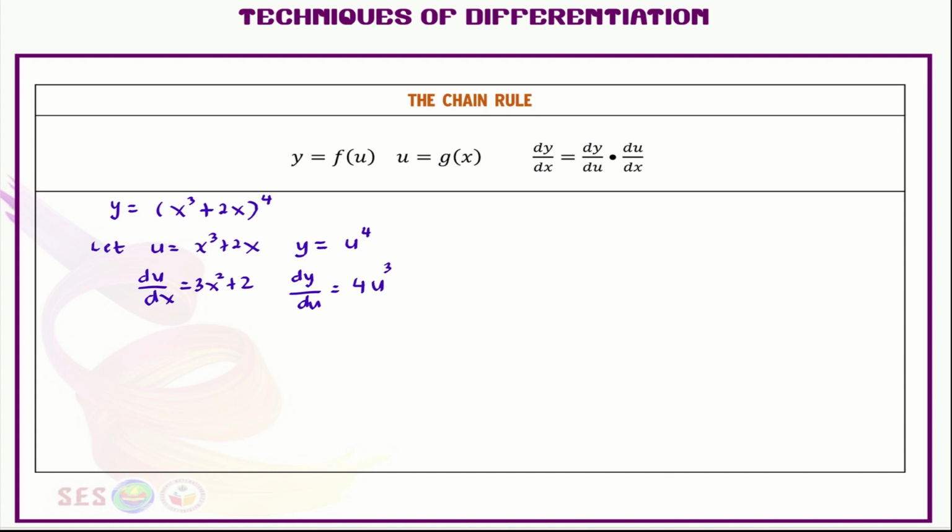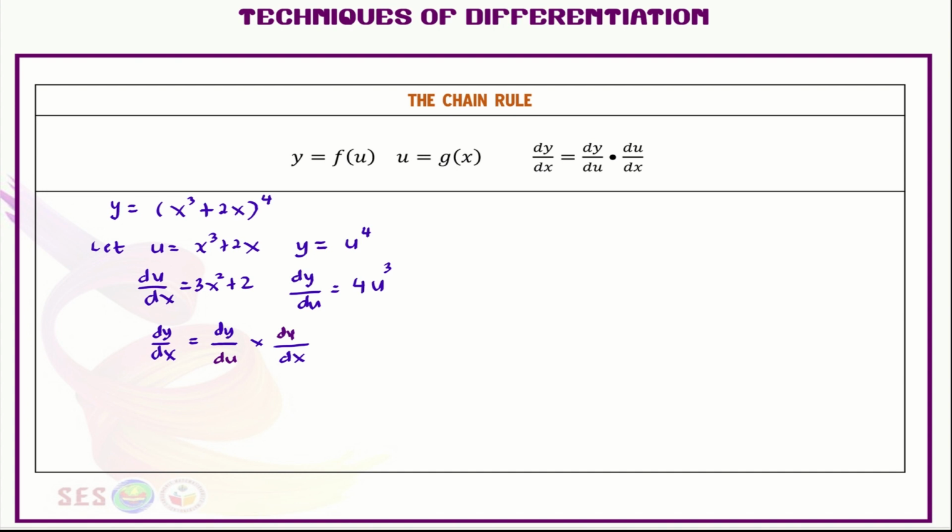So our aim is to get dy/dx, and we know that dy/dx can be obtained by dy/du times du/dx like this. So we are just left with du and du.